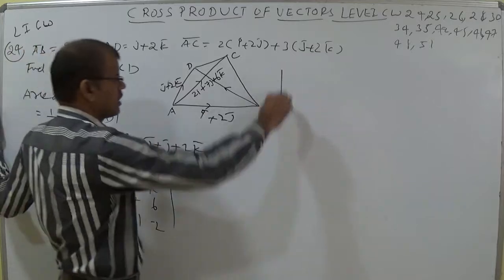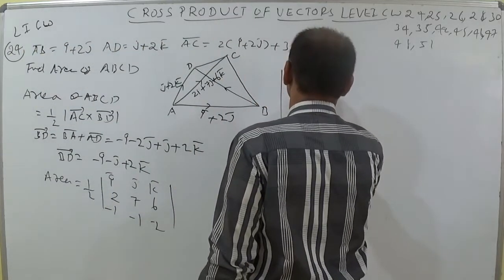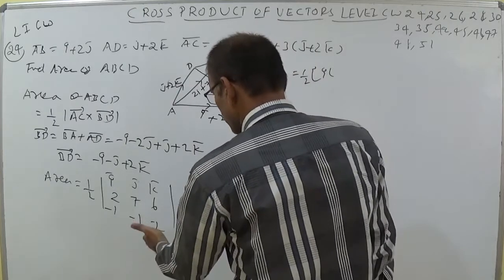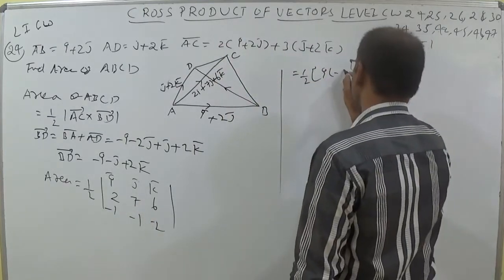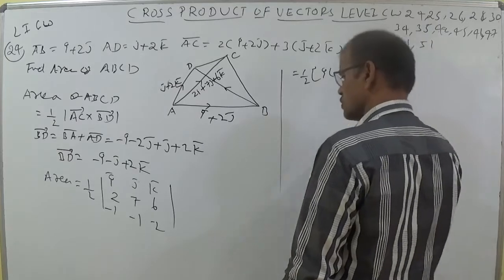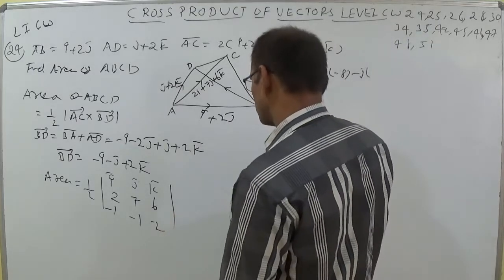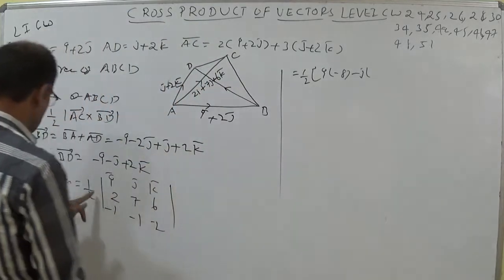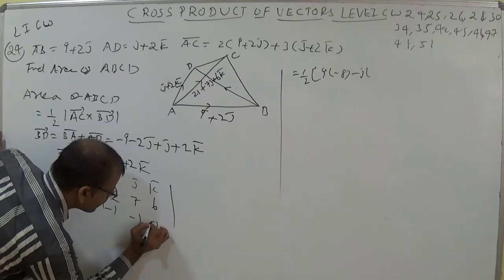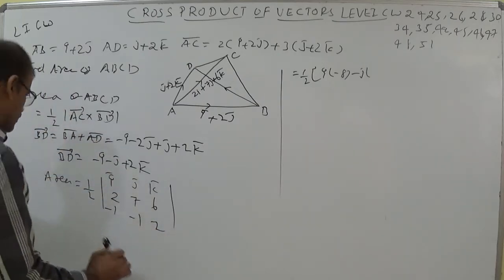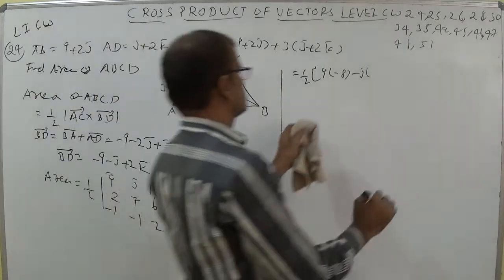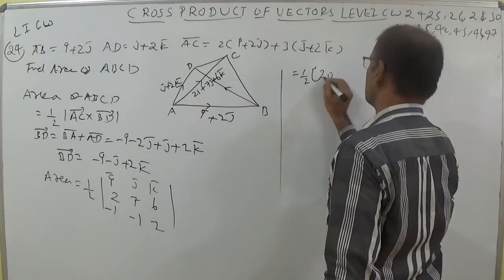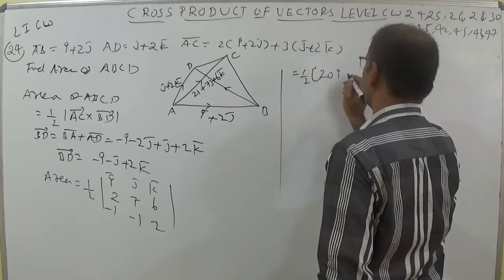So by calculating the determinant, 1 by 2 into i into, what is the value? 7 twos are 14, minus, plus 6. 14 plus 6 becomes 20, so I write 20i.